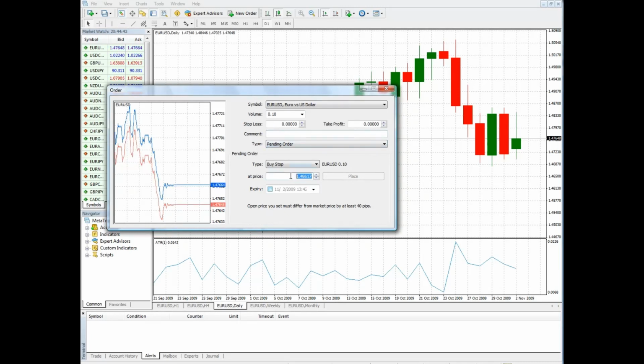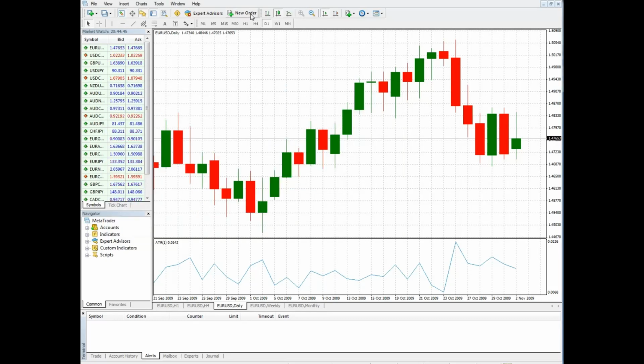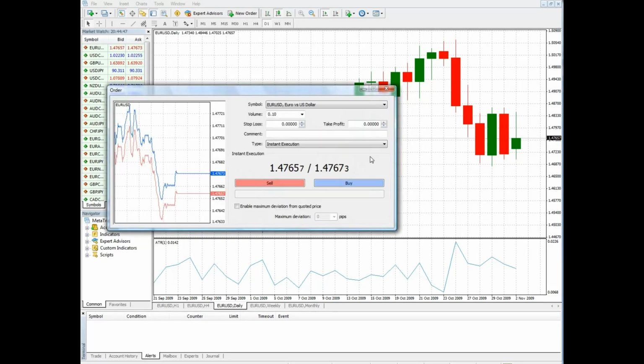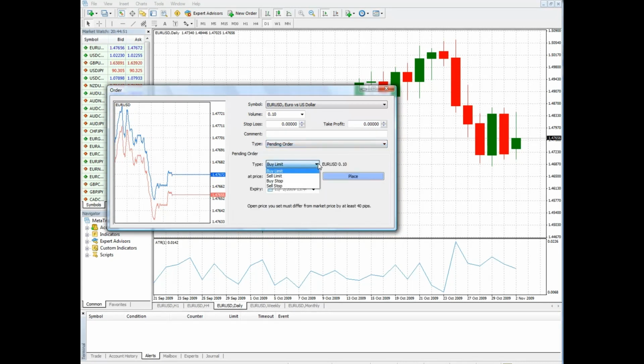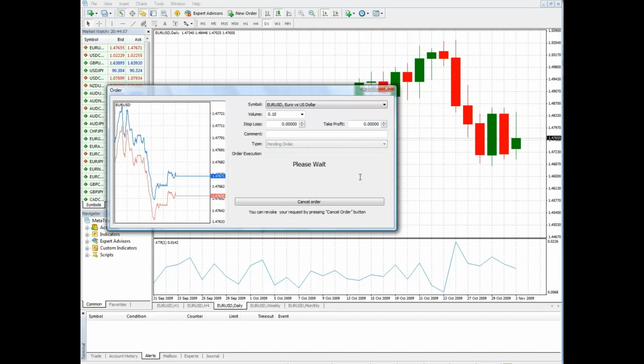Let's start with a whole new order here, since this one seems like it's going to give us challenges. Okay, pending order, buy stop here. We've got a buy stop in place right up here, right where we want it.